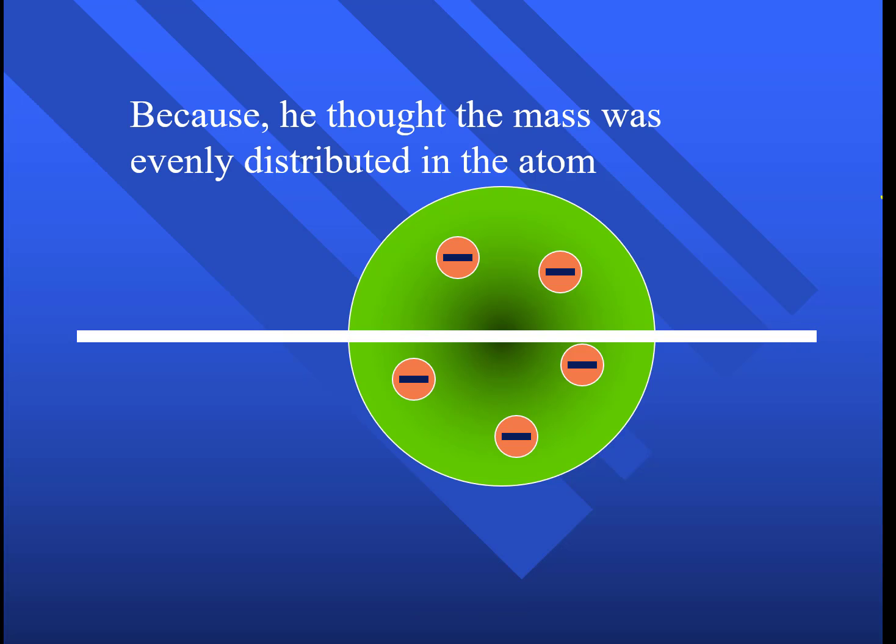Because he thought the mass and charge was evenly distributed, spread out all the way through. That's what Thomson's model says, is the mass, because he knew all the heavy pieces had to be with the positive, because those little light electrons didn't make up very much of the mass of the atom.